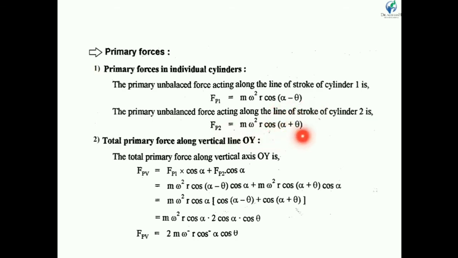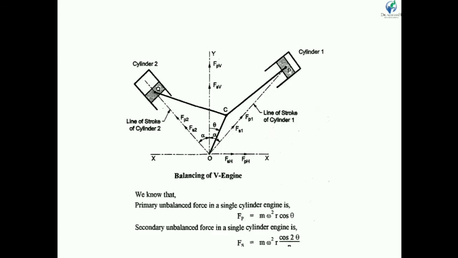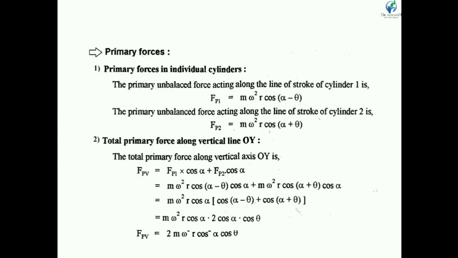Now here we write theta, which is the angle between the crank and the central line of the cylinder. If we consider cylinder 2, this is cylinder 2, this is the crank and this is theta. So the angle becomes alpha plus theta. So here we write m omega square r into cos in bracket alpha plus theta. So alpha plus theta is our angle between the crank and the line of stroke of cylinder 2.